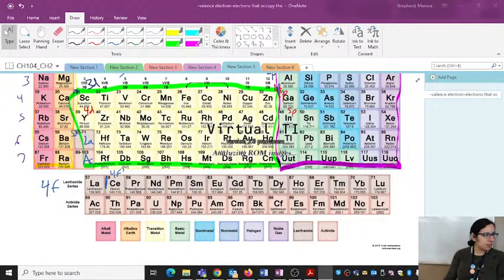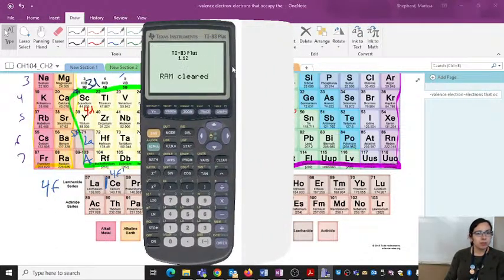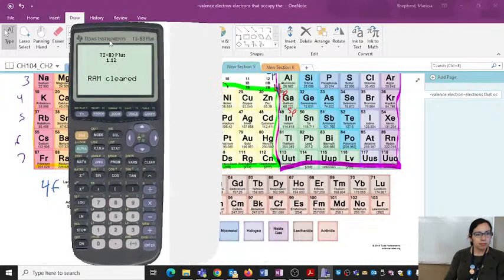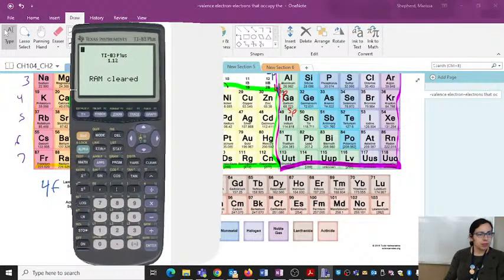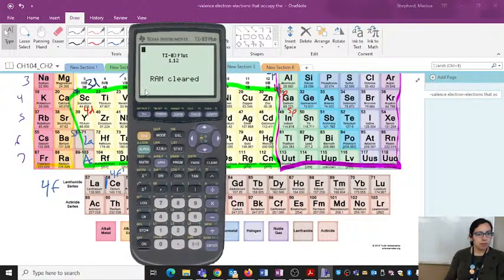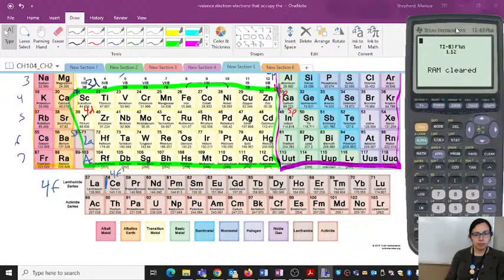We can see it visually too. Oops. What did I just do? I did not mean to do whatever I did. There we go. So we're starting at xenon, so that's 54. And since it's neutral, we're just starting with 54 electrons.